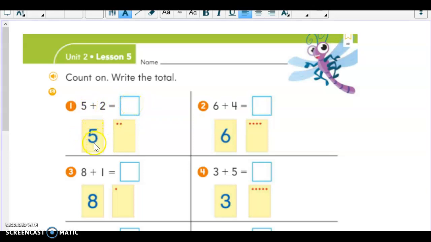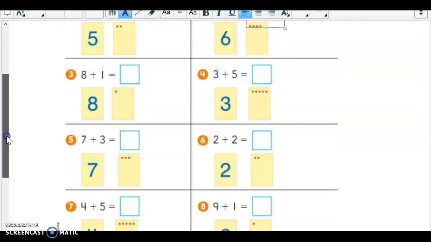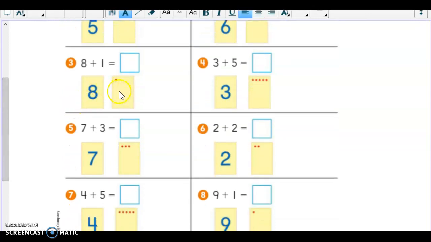Okay, so we have 5, and then we need to count the dots. 5, 6, 7. So go ahead and write 7. Number 2, 6 plus 4, we have 6, 7, 8, 9, 10. Let's keep going. Here we have 8 and 1 more. So we would say 8, 9. Three plus 5.